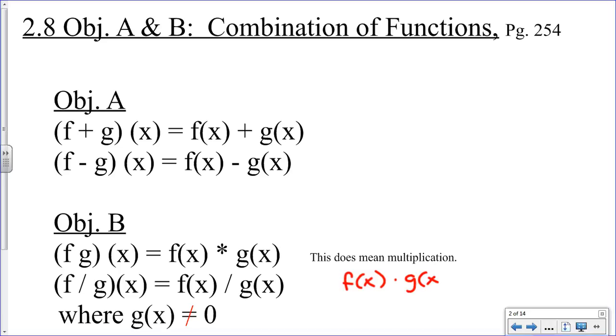So that's multiplication, but if there's an open circle, that is not multiplication. That's composition, which we'll talk about tomorrow.